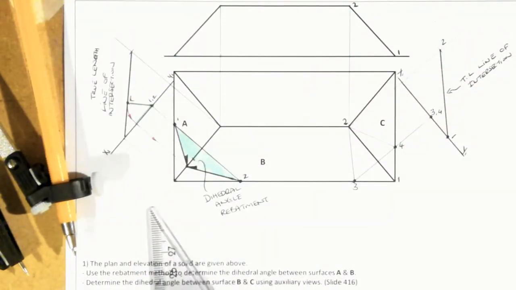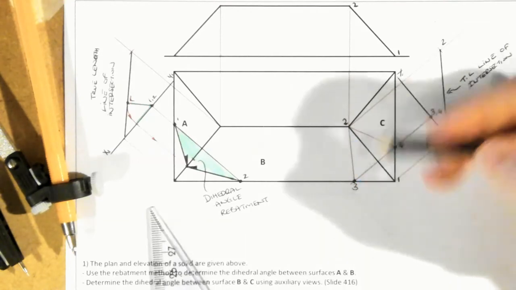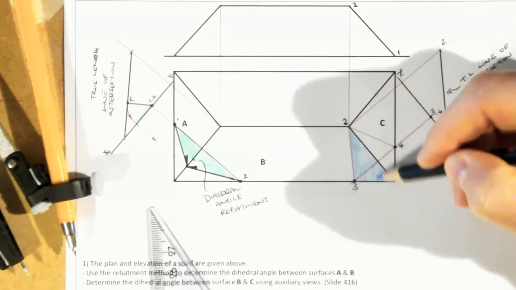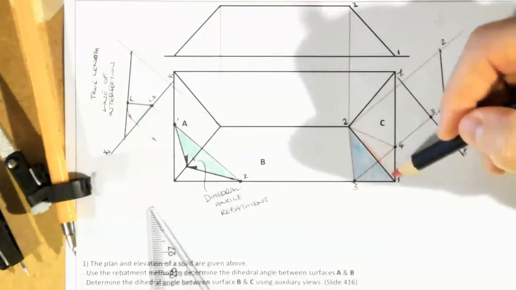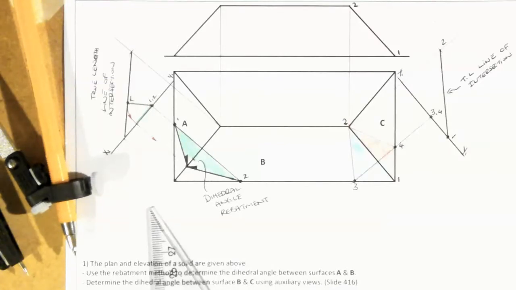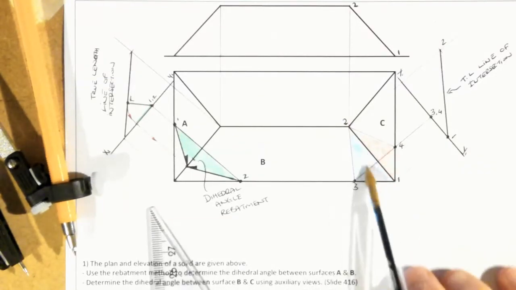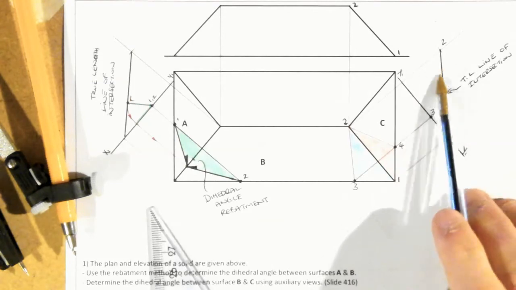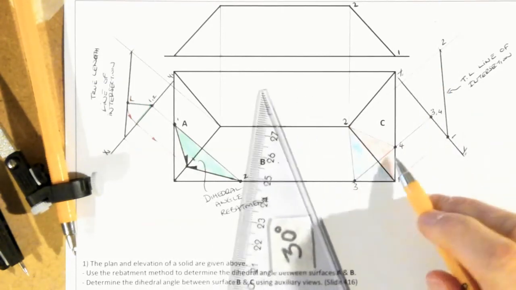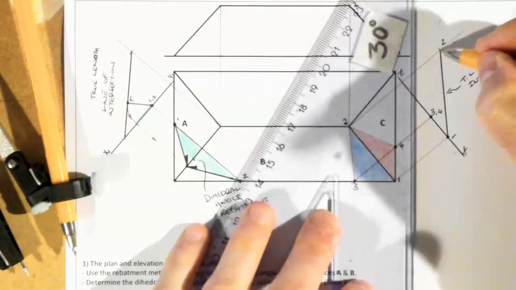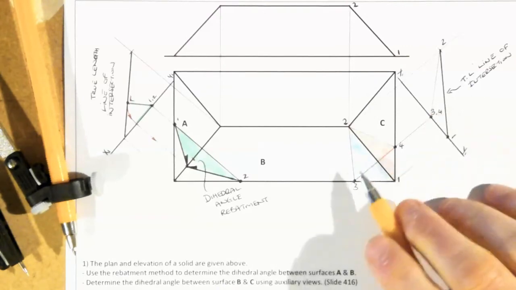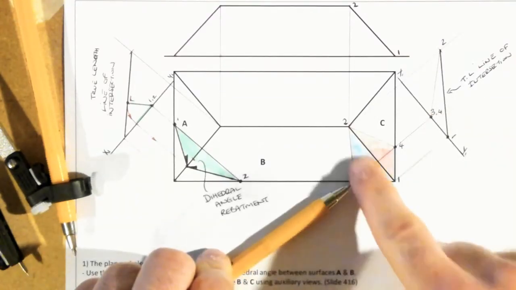So if I just shade in this 1, 2, 3 triangle here, and now that I have them shaded in down in my plan view, I'm also going to shade them in up here in my auxiliary. As I joined 3 to 2, I should do the same, and 3 and 4 are in the same position, they both join to 2. However, the colour that I'm going to shade it in on this side is blue, because when I look at it in this direction I see the blue face first.